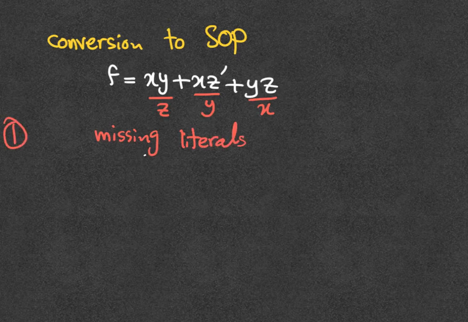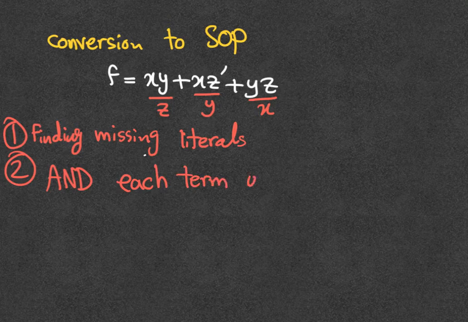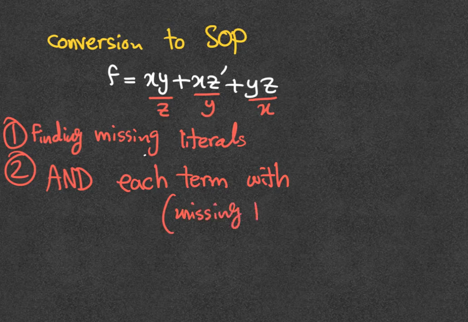Okay, so the first step is finding the missing variable or input in each of the terms. The second step is to AND each term with the missing literal plus its complement.